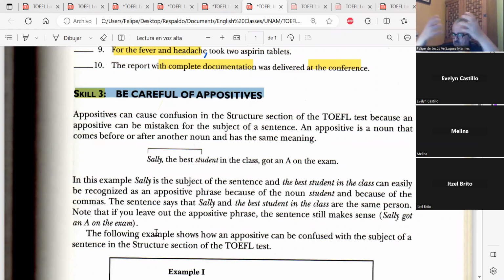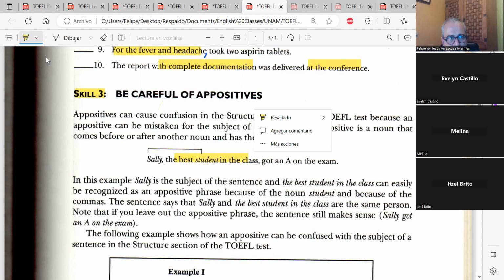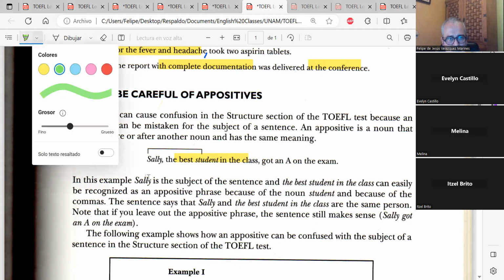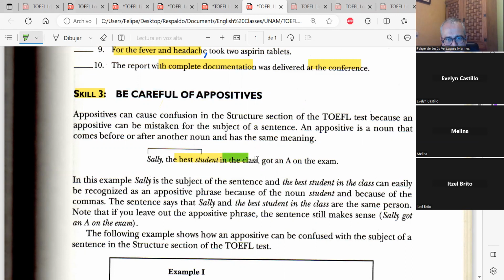So we have to remember subject, verb, complement, objects of prepositions, and appositives. In "Sally, the best student in the class, got an A," the appositive is "the best student in the class." But inside we also have a prepositional phrase, "in the class," "in the exam." So we have "Sally got an A": subject, verb, complement. Okay.